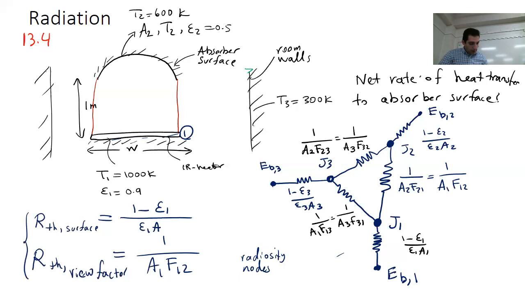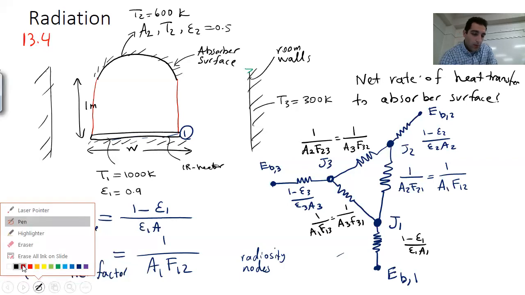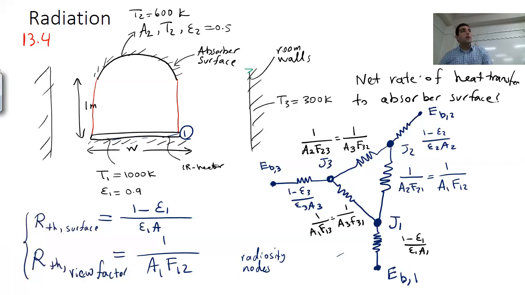Now the question is, what are our unknowns? We're looking for J1, J2, J3. So we have a three-surface enclosure, we have three unknowns. And EB1, EB2 and EB3 are known, which are equal to sigma, the Stefan-Boltzmann constant, times the temperature of that surface in Kelvin to the power of 4.